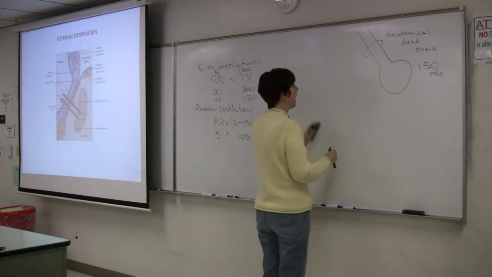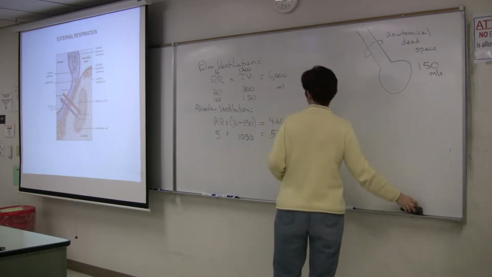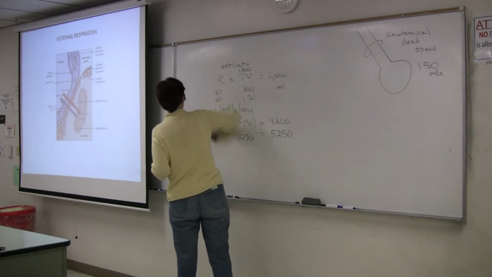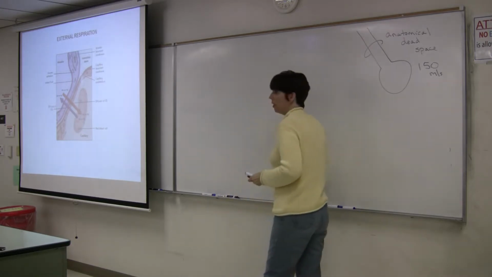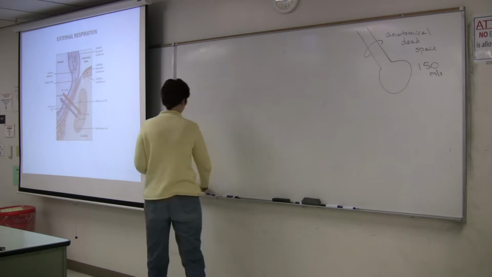So now we're going to look at external respiration. And external respiration is the gas exchange that occurs from the alveolus into the pulmonary capillary, and across the respiratory membrane.